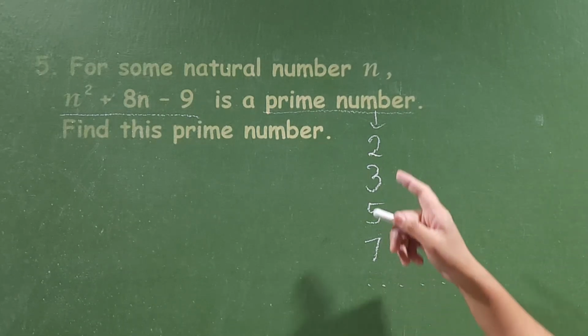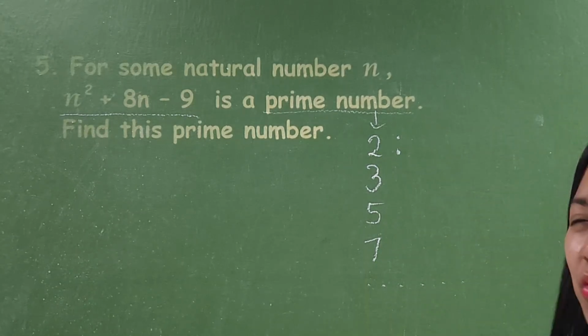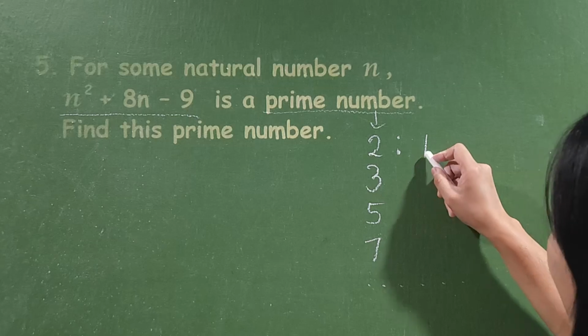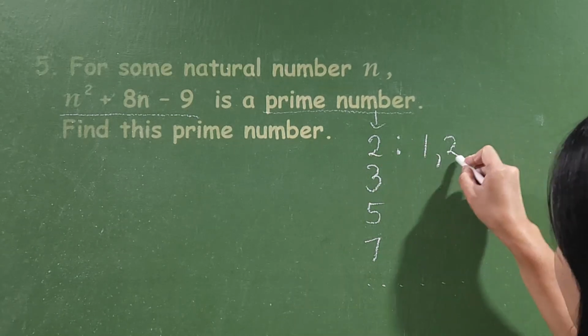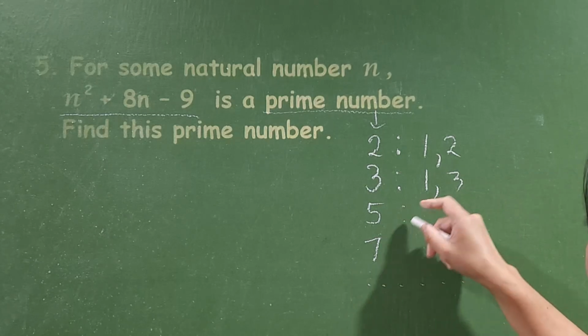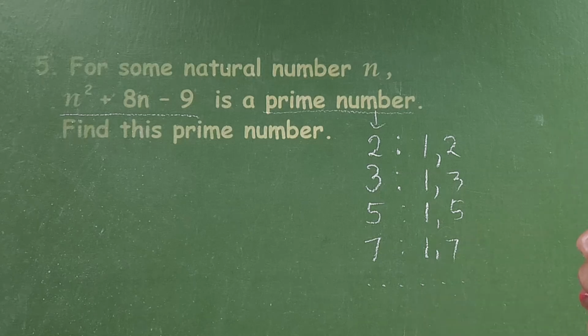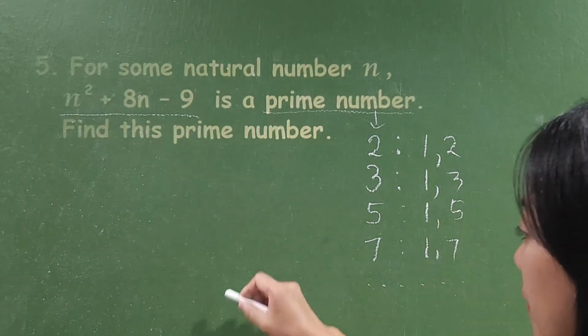And we know a prime number has only two factors: 1 and the number itself. So, this is a prime number.